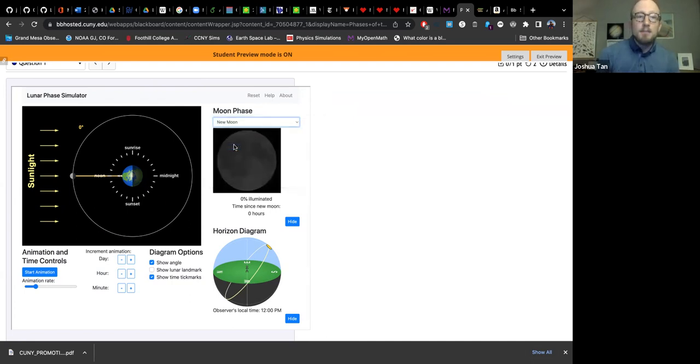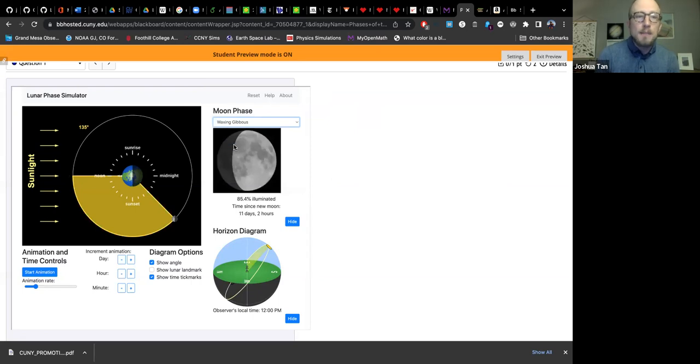But let's move to something like waxing gibbous and see what happens. If I stay on my position on the Earth with respect to the sun, it's still noon where I am. But the moon has moved to a different position around the Earth. Now it's actually on the opposite side of the Earth, so it wouldn't be possible for me to see it if it was in this waxing gibbous phase and it was noon.